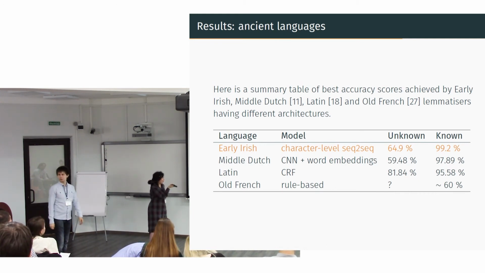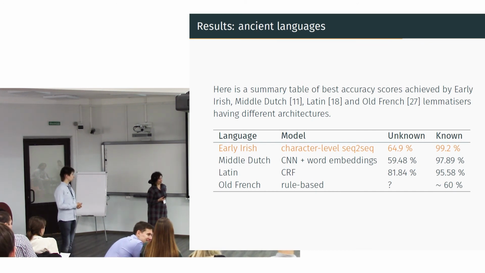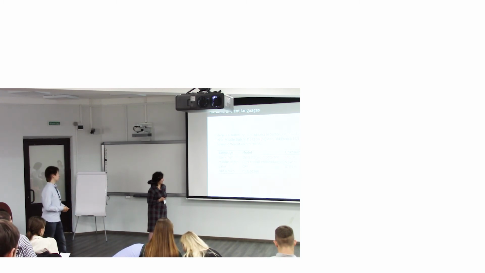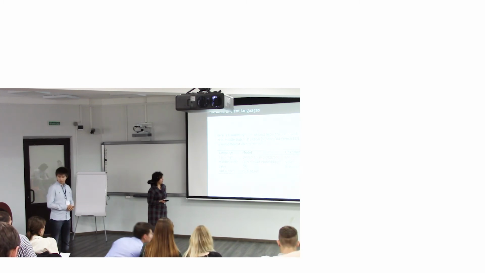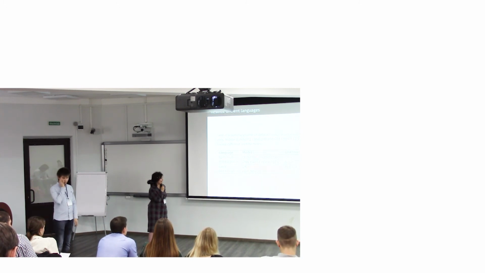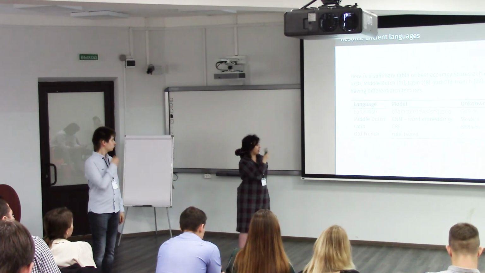I just put it here as an example of how bad the evaluation for rule-based models is, because if you take almost any article on rule-based evaluation for an ancient language, they're quite old, and they give only rough figures, no analysis, so I can't compare them very well to these models. Here it's quite clear.